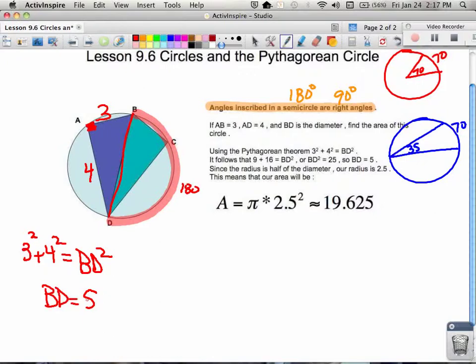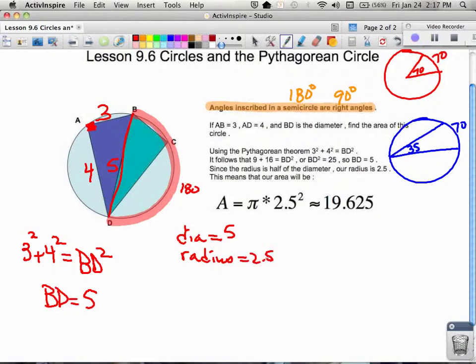But the real goal here is then to find the area. So once I know that my BD is 5, that's super important because now, since that's the diameter, I know that half of it is 2.5. Or in other words, if my diameter is equal to 5, my radius is equal to 2.5.